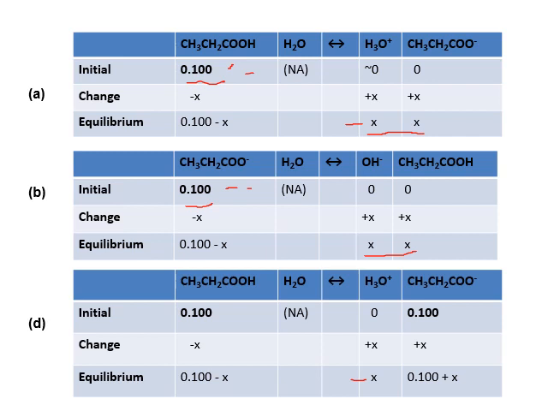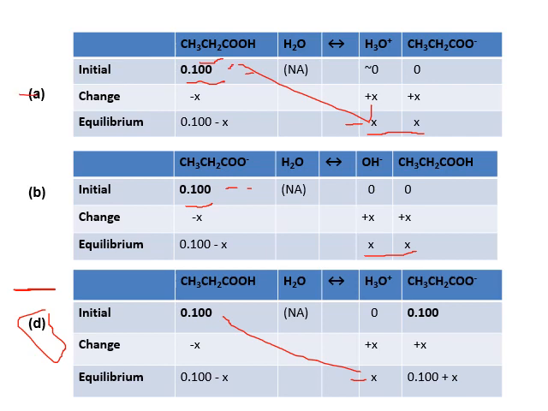So when you divide x by your original concentration, you're going to get a larger number for this one than for the one down here. The one in part D is going to give you a very small number, and that's because this is a buffer solution. So this part D is going to change its pH much, much less than this one.